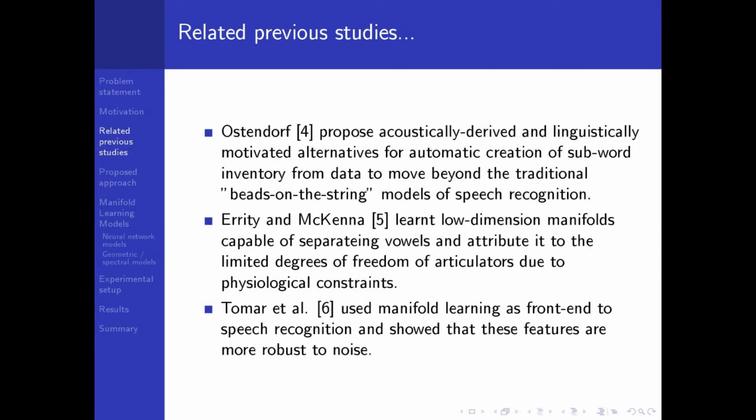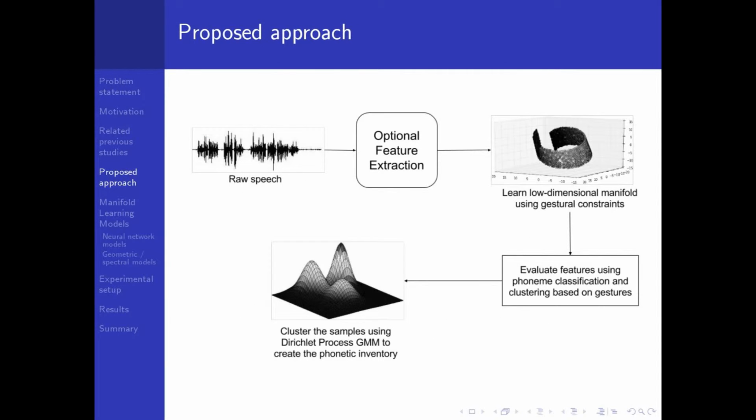followed. According to our proposed method, an optional feature extraction is done over the raw speech signal, and then these features are subjected to several low dimension manifold learning techniques. These manifold learning techniques are constrained by gestural relevance.